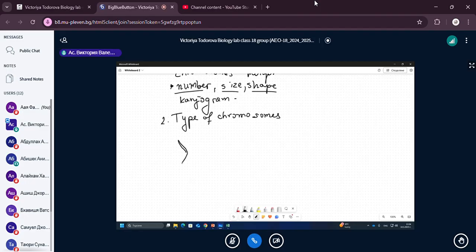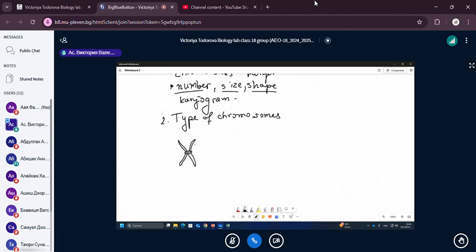As you can see in the previous presentation, this is one sister chromatid, this is the other, and they are connected with the centromere.